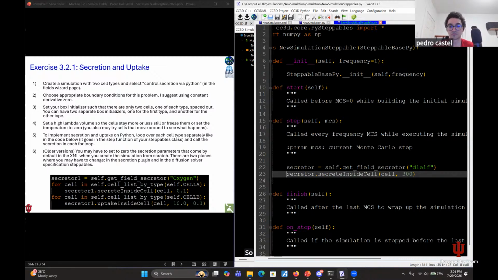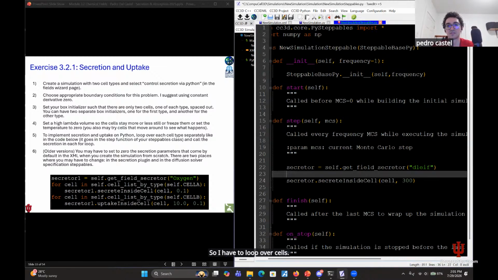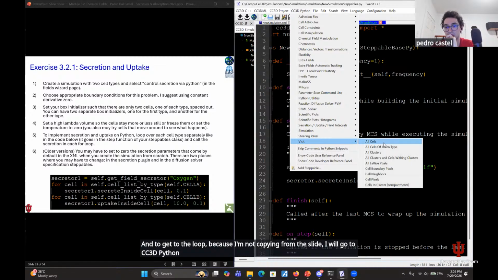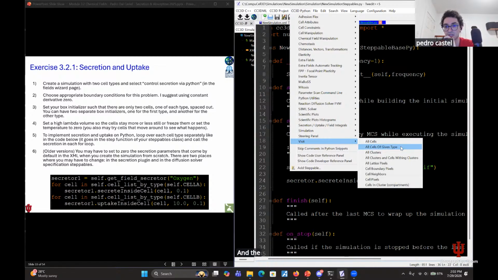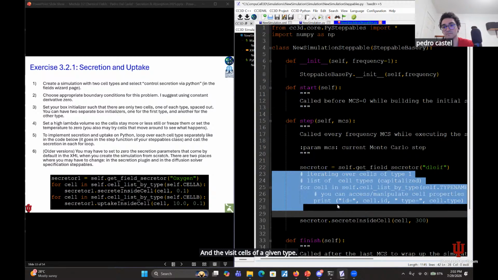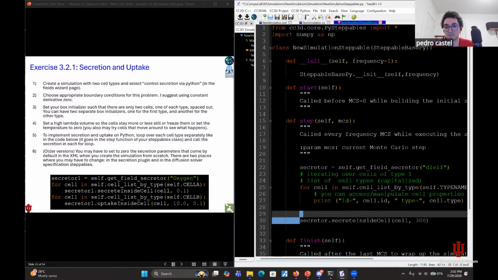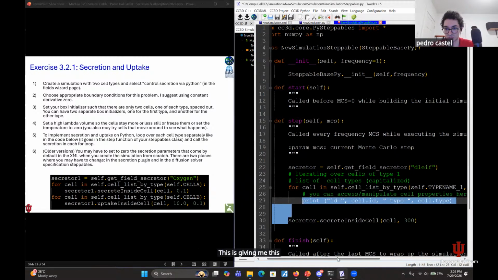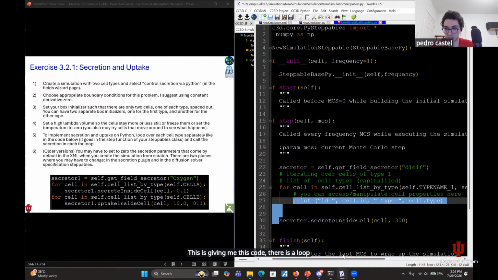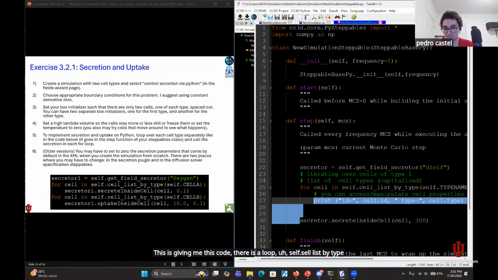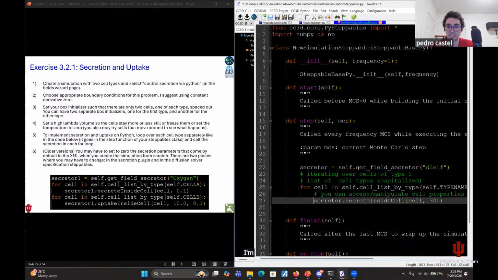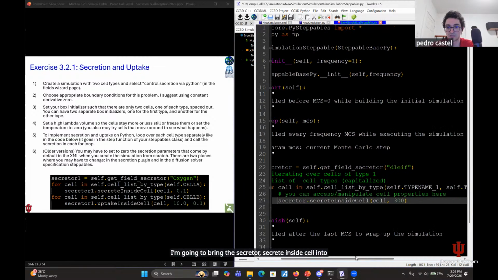So I have to loop over cells. And to get to the loop, because I'm not copying from the slide, I will go to CC3D Python, visit, and visit cells of a given type. This is giving me this code. There is a loop, self.cellListByType, and so on. I'm going to bring the secretor secrete inside cell into this loop.